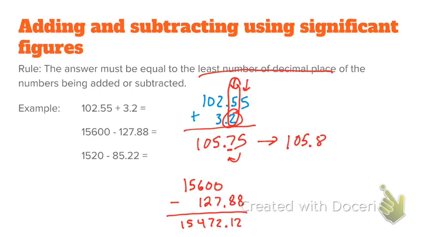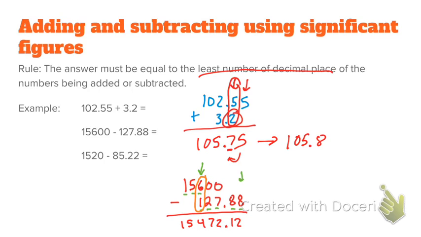15600 has only three sig figs. There's no decimal. Here are my three significant figures. Therefore, the last place that is significant is the hundreds place, right? Whereas 127.88 has five sig figs. The last significant place is way here. So what they have in common, or the least number of decimal places, is this one.